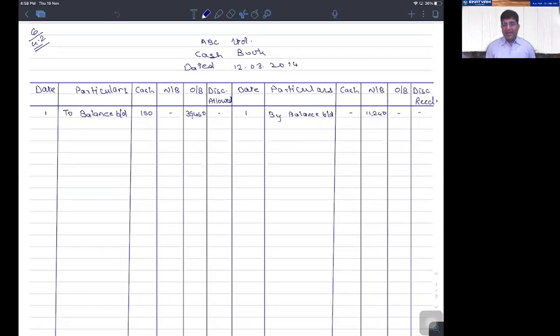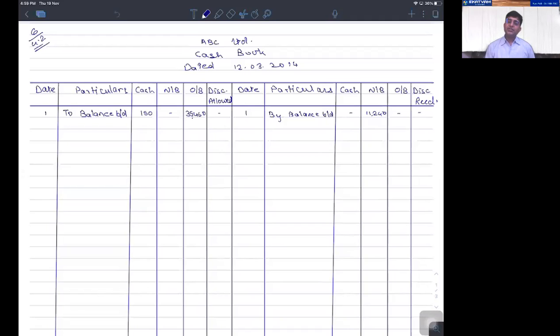So if you have made a sale against which you have received the check, you will first pass the entry as National Bank account debit to sales account. That's one entry. And then for recovering that check, the bank is levying you the charges of rupees 5. So for that purpose, I'll be passing the separate entry, bank charges account debit to National Bank account rupees 5.